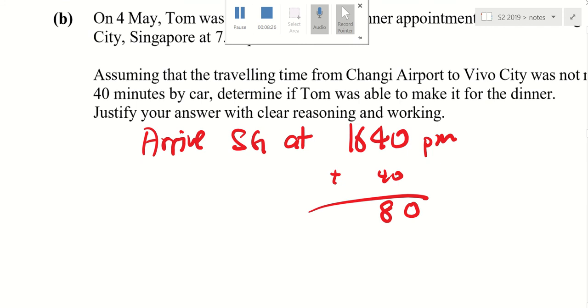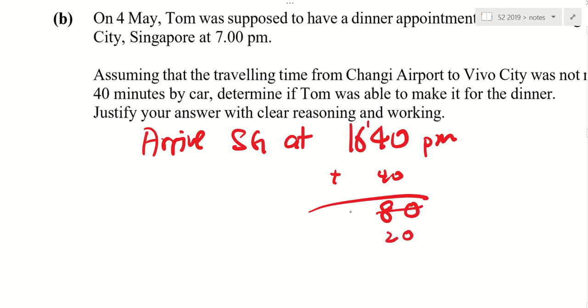If it's more than 60, then what happened? Minus 60. So 80 minus 60 will be 20. So this one is actually 20. Then I plus a 1. This is 17. So he should arrive at the Vivo City at this timing.